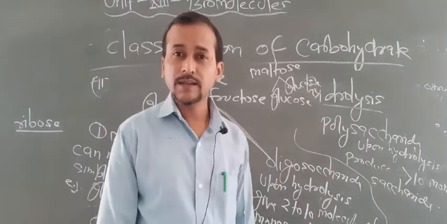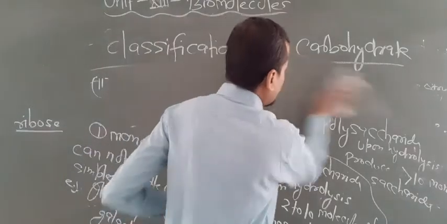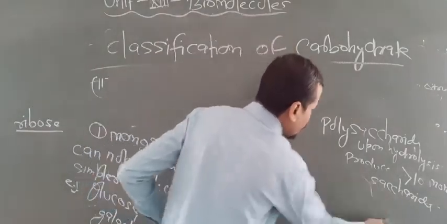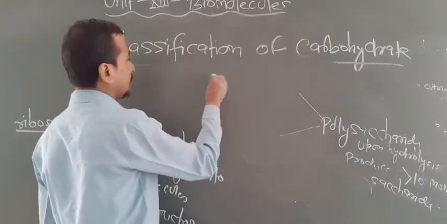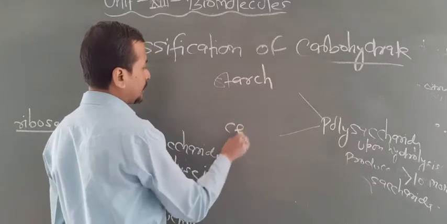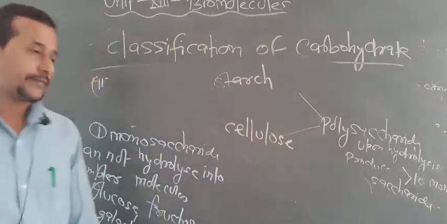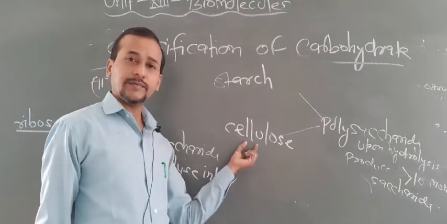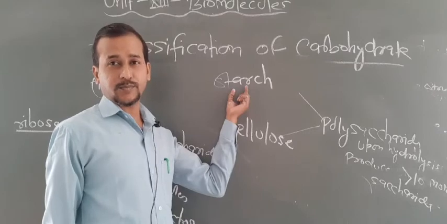Now look here at the polysaccharides. For polysaccharides, you just have to focus. The common examples of polysaccharides are starch and cellulose. Cellulose is mostly contained in cotton fiber, and starch is a plant product.